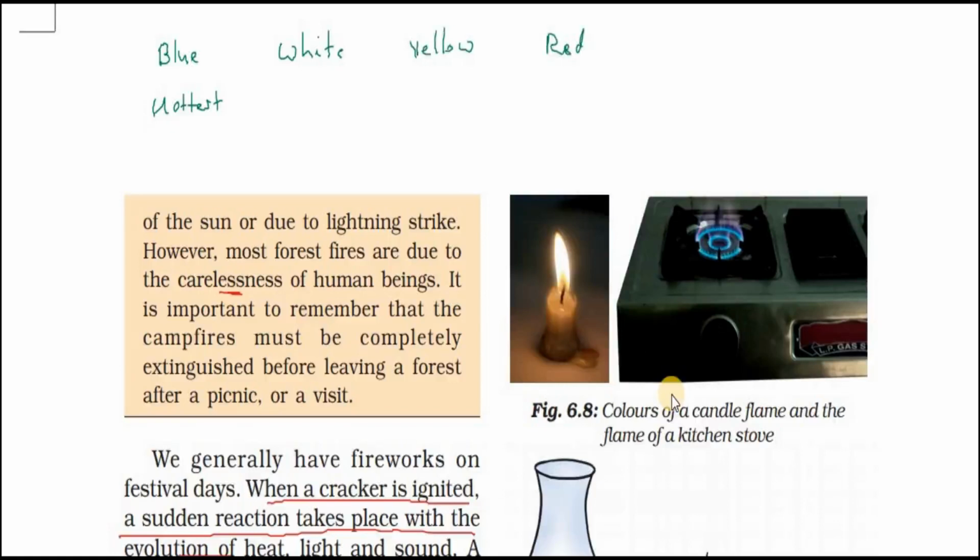And we can say reddish black last. Red flame and reddish black flame are the coolest flames. So you see, from hottest blue to the coolest where heat is less.